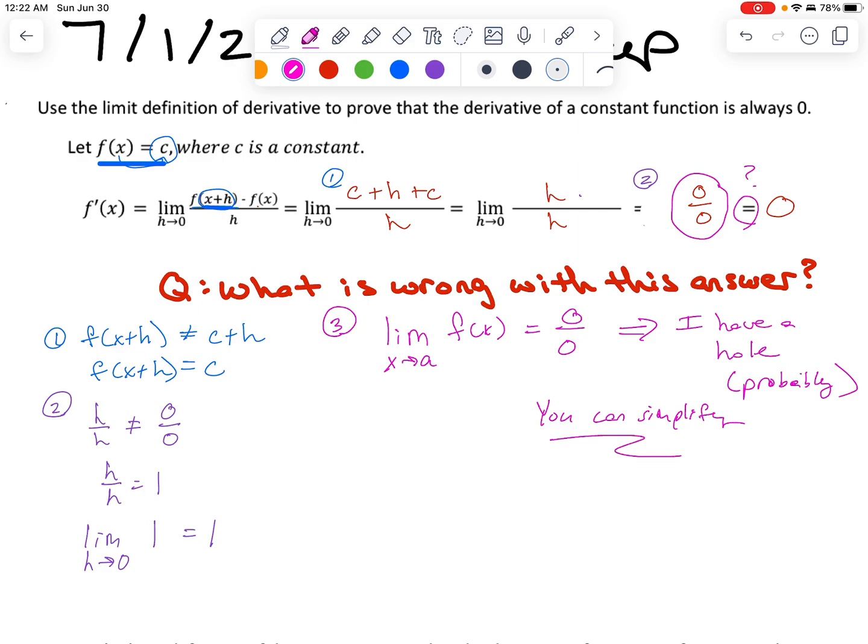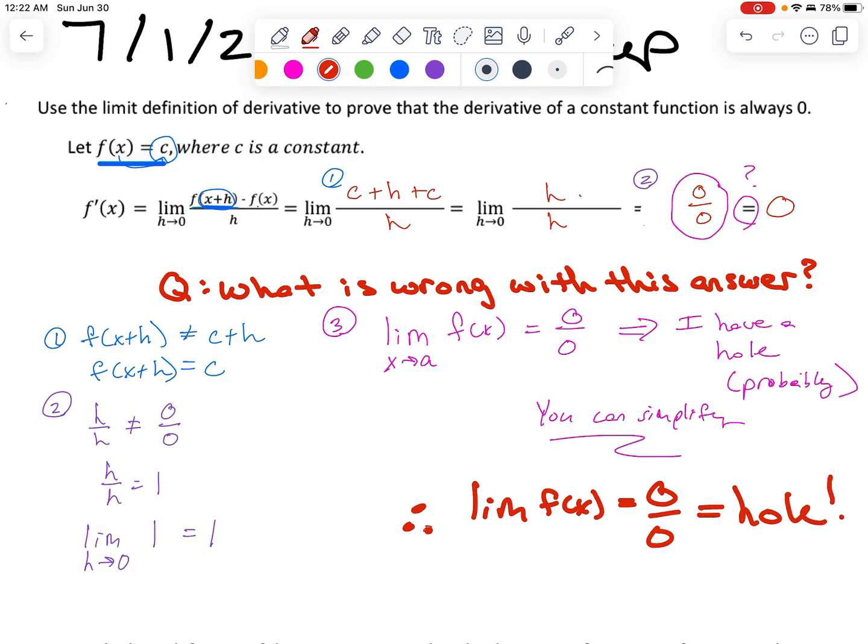So if you have a 0 over 0, this is what I want you to get from this problem. I'll write this in big bold letters. If you try to evaluate a limit of f of x and you get 0 over 0, that means there's a hole. And you should simplify.